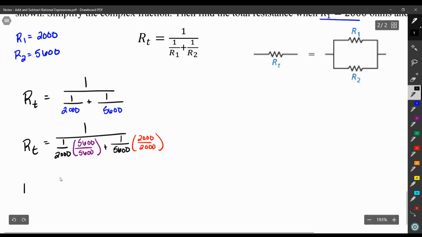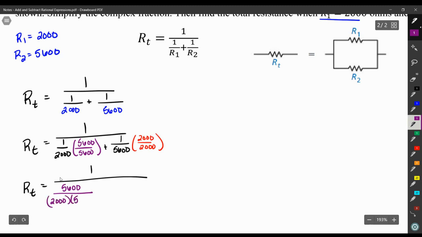So now we have, let's see, RT is equal to 1 over, so this is 5,600 over, and I'm going to leave this just in its multiplied version just for a minute. Because if you actually multiply 5,600 times 2,000, you get a pretty big number. So I'm just going to leave it multiplied for now. 1 times 2,000 is 2,000, and again, I'm just going to leave it multiplied as 5,600 times 2,000.